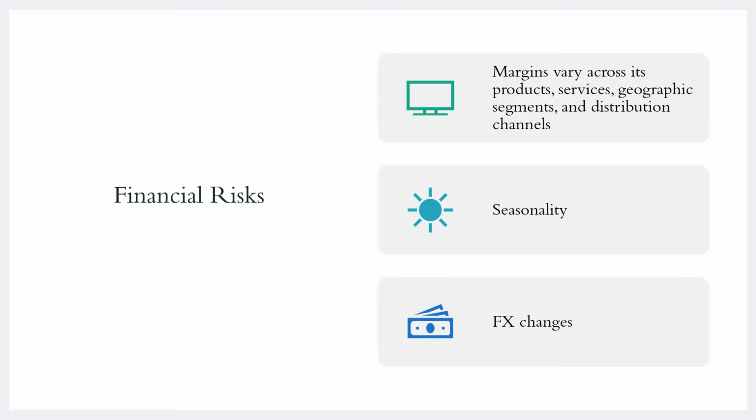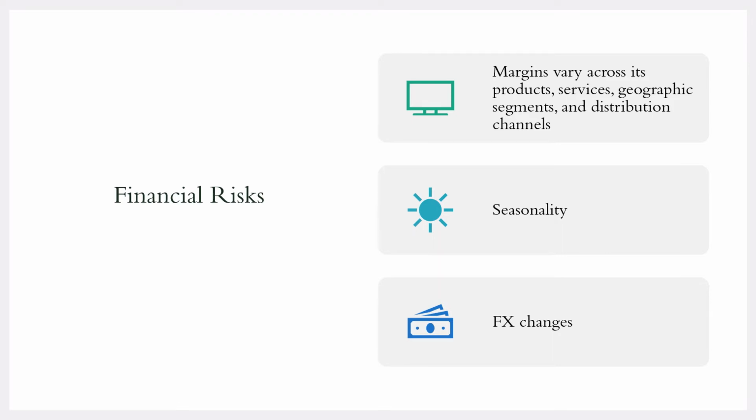There's shifts in the mix of products and services or the geographic, currency, or channel mix, including to the extent that regulatory changes require the company to modify its product and service offerings. There's fluctuations in foreign exchange rates and introduction of new products or services, including new products or services with higher cost structures.